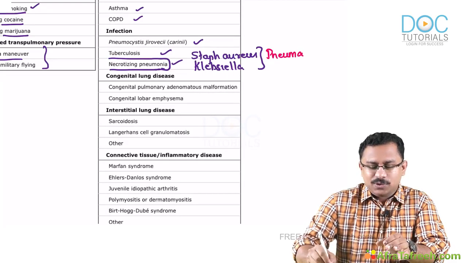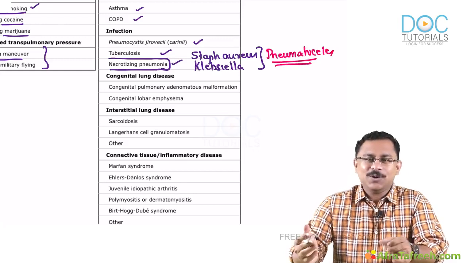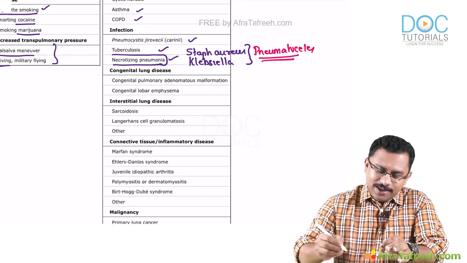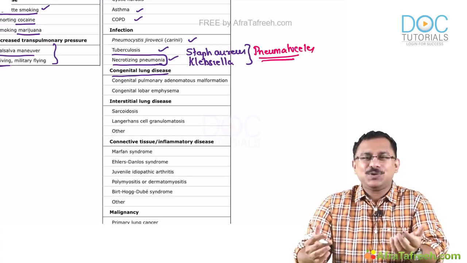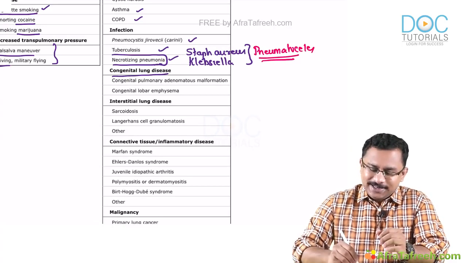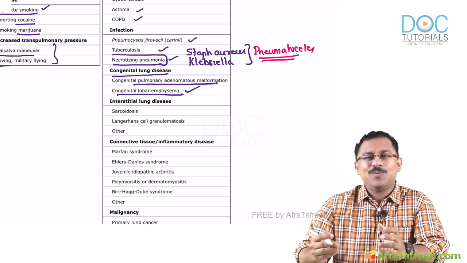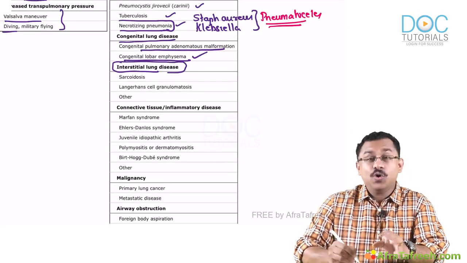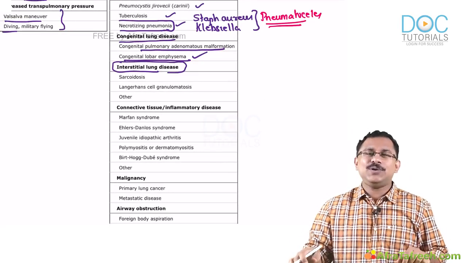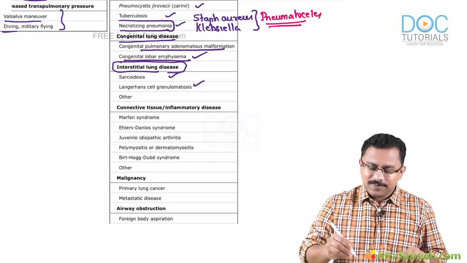Okay, they can produce pneumatoceles, and the rupture of which can cause pneumothorax. Certain congenital lung diseases also can predispose to pneumothorax, like congenital pulmonary adenomatoid malformation and congenital lobar emphysema. Okay, interstitial lung diseases, though less likely, can also produce pneumothorax, sarcoidosis, Langerhans cell granulomatosis.